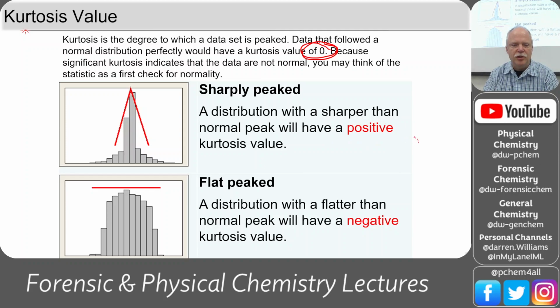A distribution with a sharper than normal peak would have a positive kurtosis value. And you can kind of see what I drew with the one. This might be two distributions. It might have a wide distribution and a skinny distribution on top of each other, and they have the same mean, but very different standard deviations. Okay.